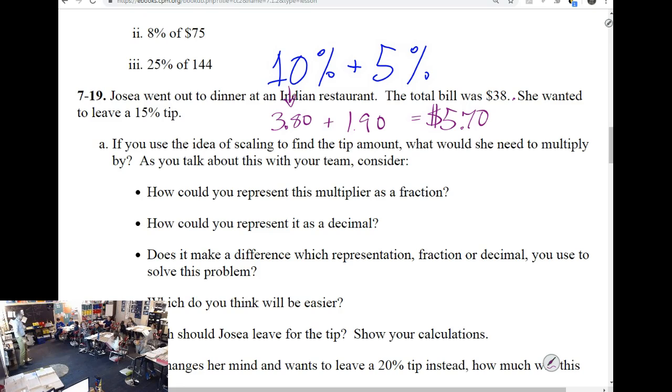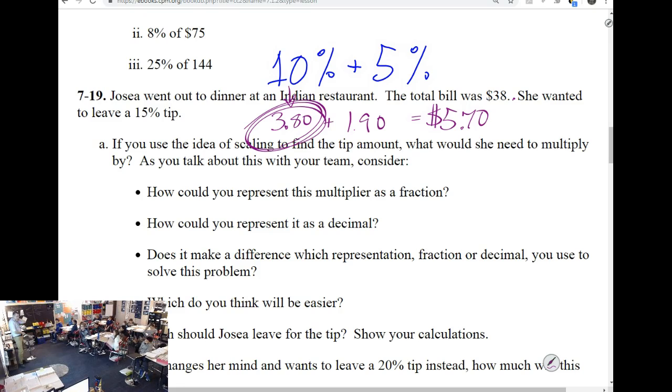What if Josiah decides that the service is really good and we're going to leave 20% instead? How can we still use George's method to get us there, Savannah? Yeah, we can just take that and double it, right? Once I have 10%, it's easy to work with.